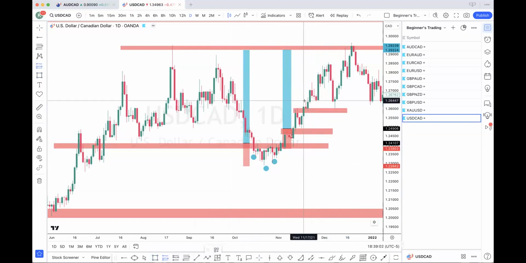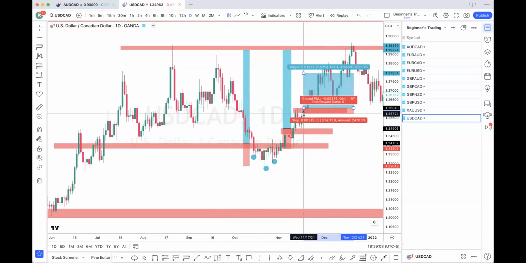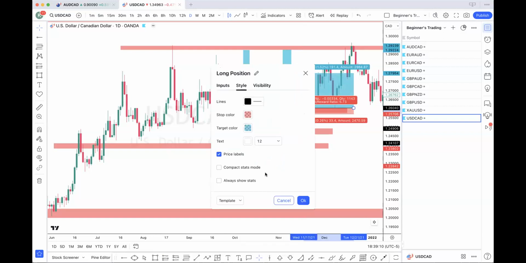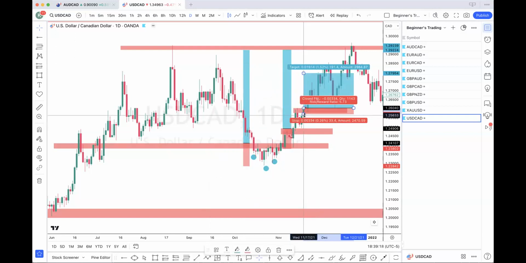You can do your order block here. You can bring your order block to the zone, however you prefer to do it. And that's 33 pips. Just put it below the zone here. You can put it below your zone.